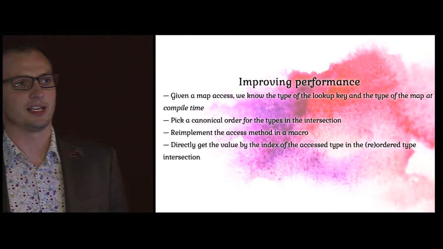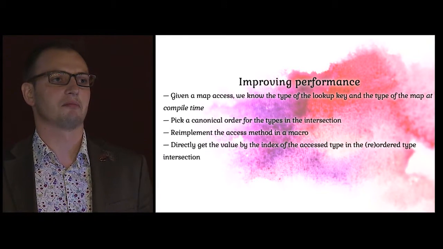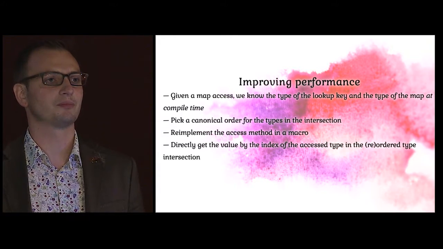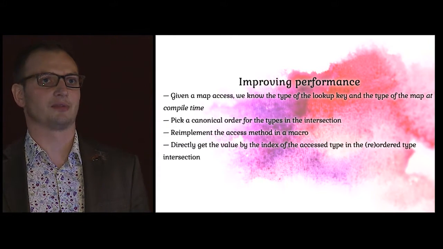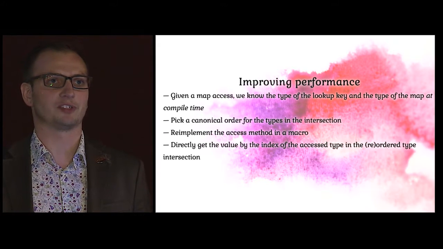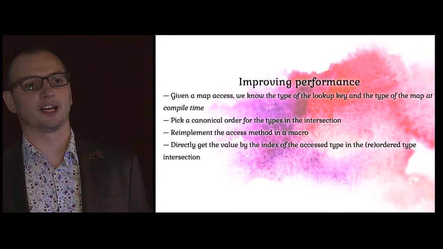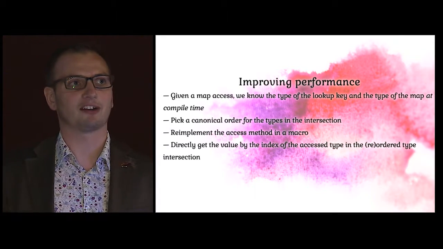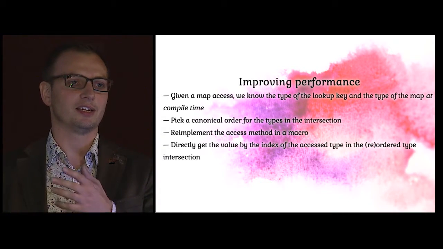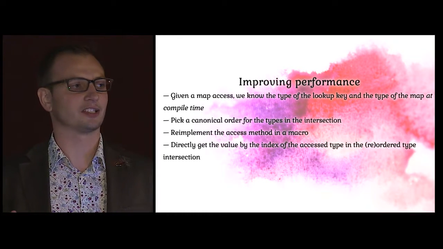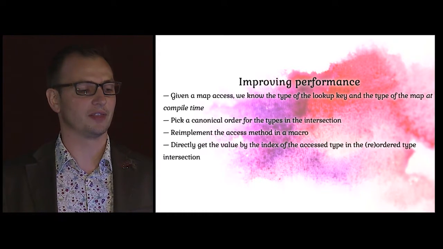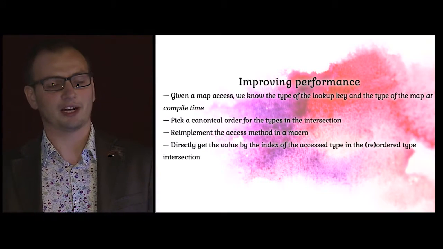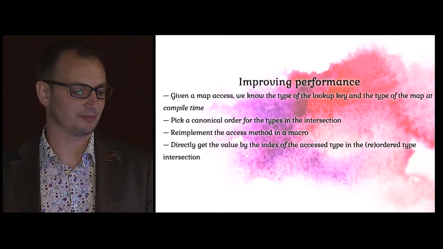And if we're accessing, for example, int in something that's int with string with symbol, well, if we sort them in alphabetical order, they're already in alphabetical order, so it would be the 0th element, and the macro will translate that, in theory, to an access on an array of the index 0. The macro has all the information it needs to do that.